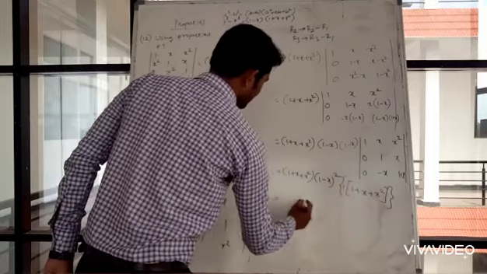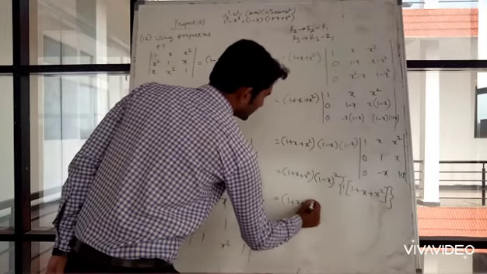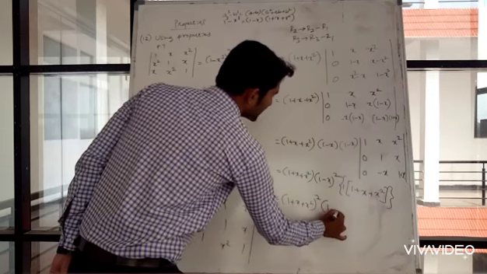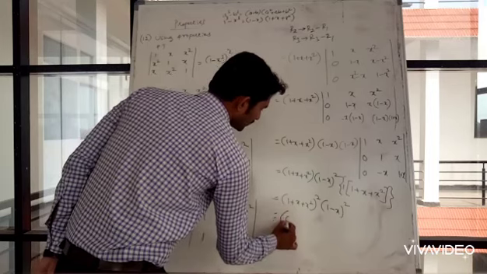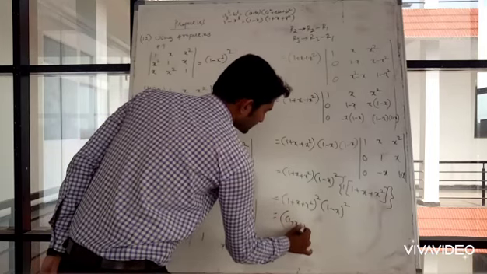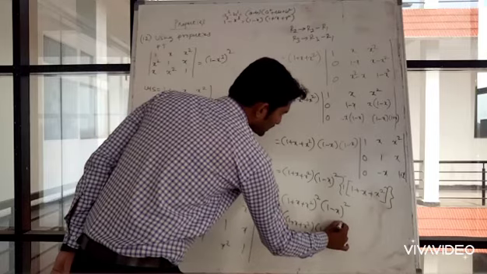We can write it as 1 plus x square whole square, 1 minus x whole square. Or else we can write it as 1 plus x square into 1 minus x whole square.